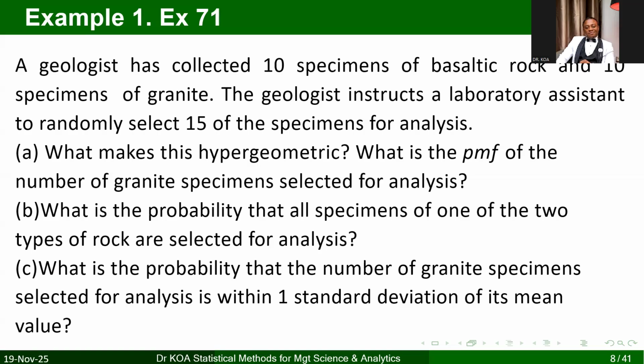So in your letters, capital N is 20, and capital M is 10. Good. Now, when you look at the question very carefully, what is small n here? Small n is 15. What makes you say that?